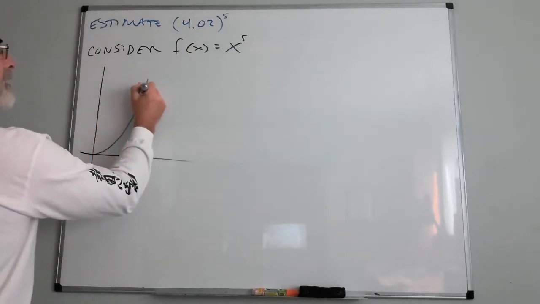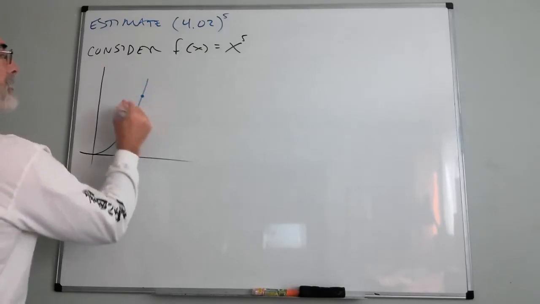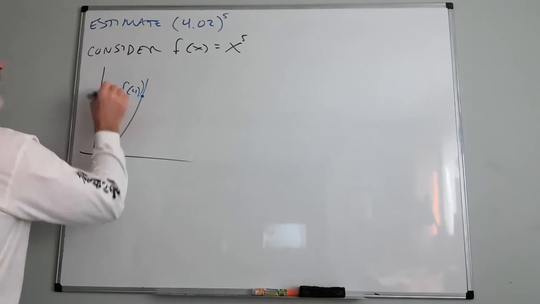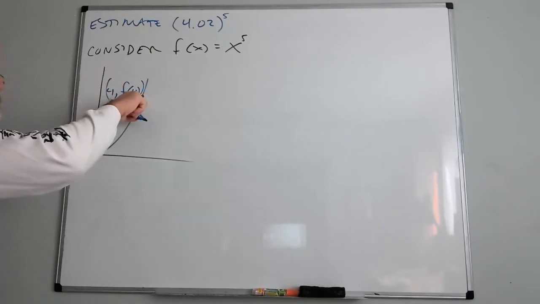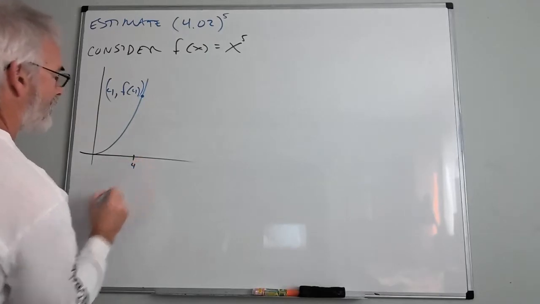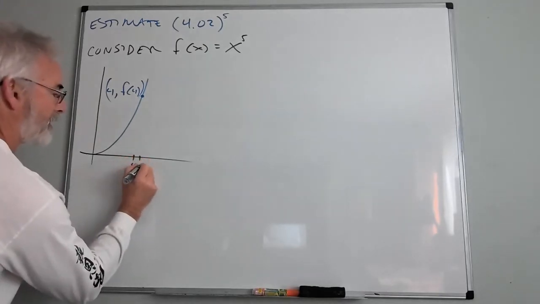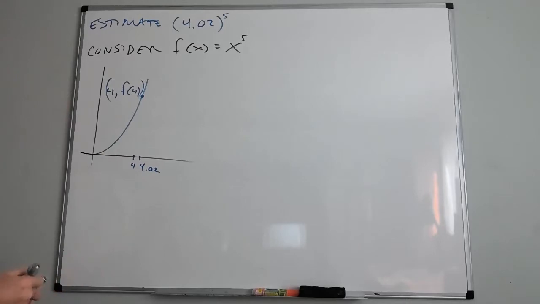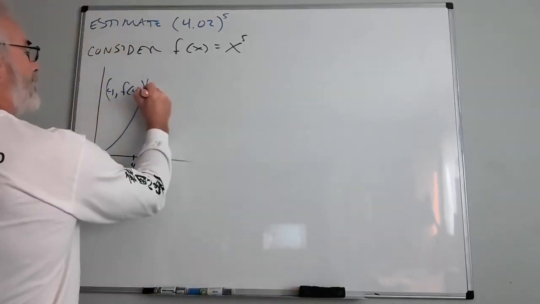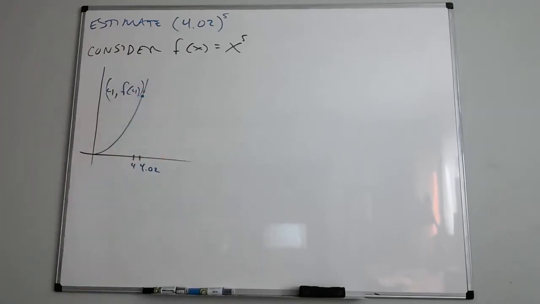And let's say right here is the point 4 comma f of 4, so it'd be 4 comma 1024. There's 4. I want the y value at 4.02. That might be a little bit hard to find, but let's just say it's roughly about there. I want the y value that's just a little bit further away.